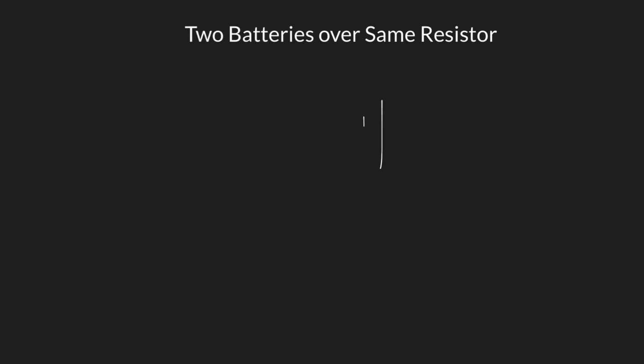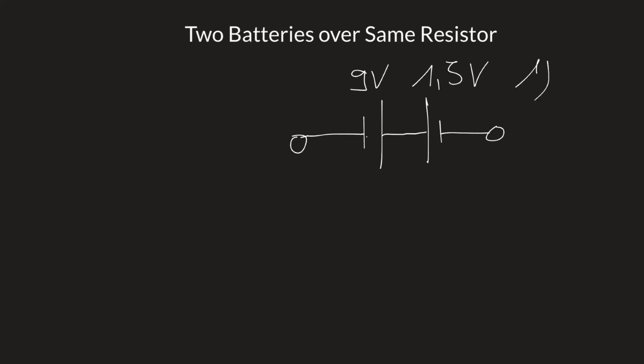So let's say we have this 9 volt battery, and here's the plus, and then you put in opposition the 1.5 volt battery, and if we measure this situation, that would be the first thing we do.